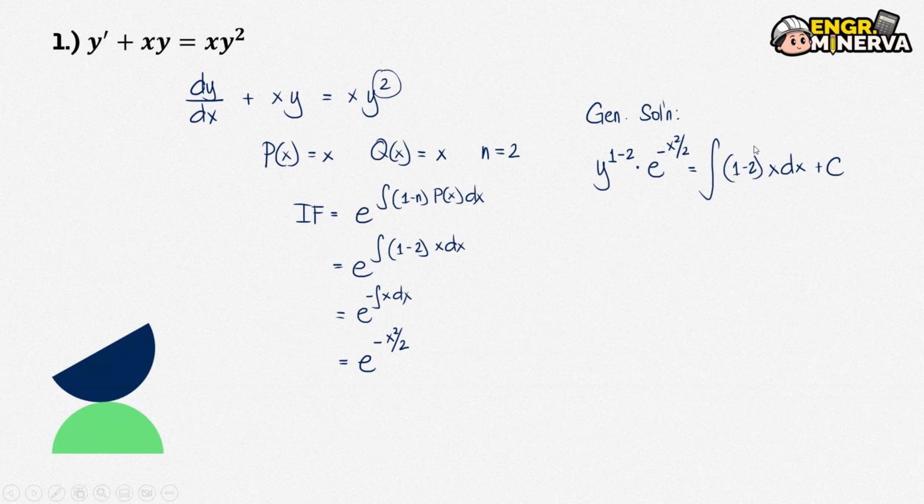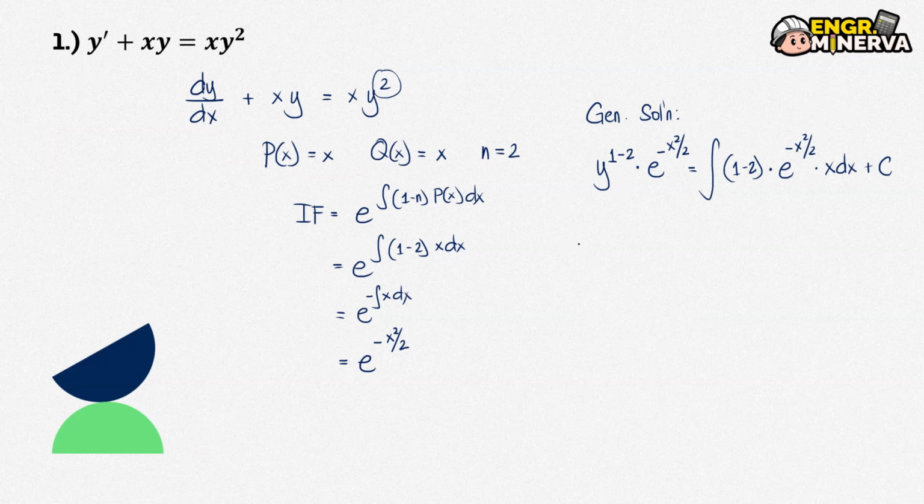So for our general solution, that would be 1 minus n. We also have our integrating factor here multiplied to q of x dx plus c.